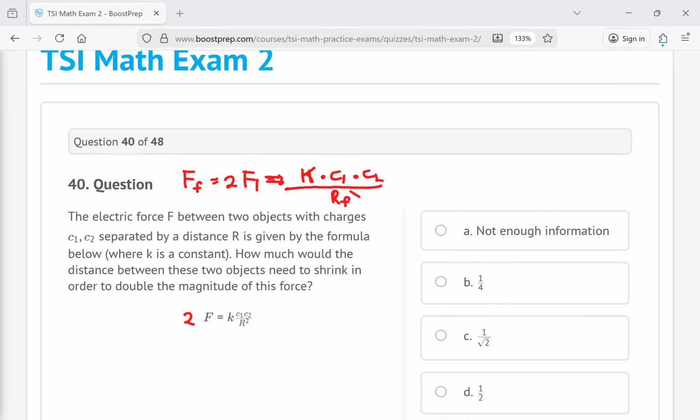And that's going to equal 2 times K times C1 times C2 all over R_F squared.